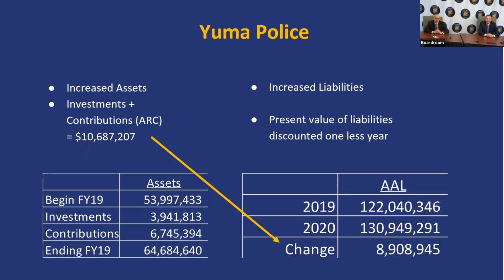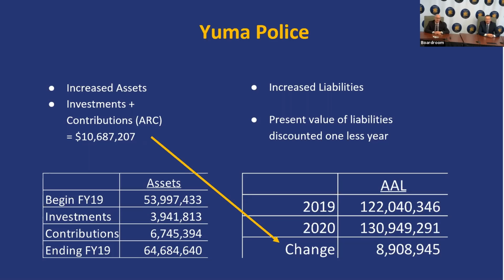But you have to understand that present value calculation on the right side of the screen. We have the beginning actuarial accrued liabilities of 122 million. And remember that present value is going to be discounted one year less in 2020. In essence, it's going to increase by 7.3%, to almost 131 million.